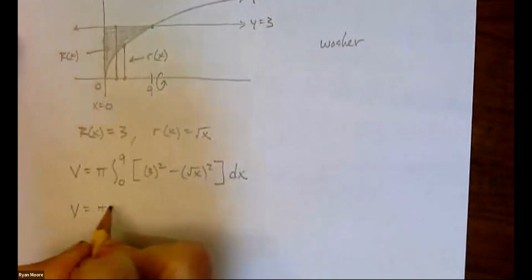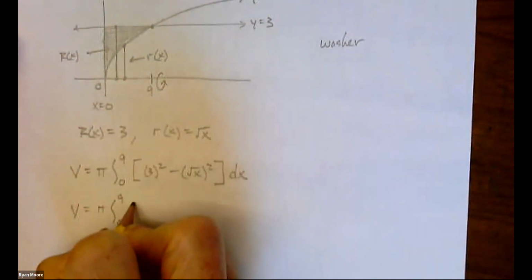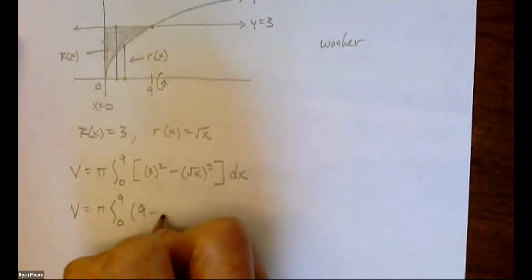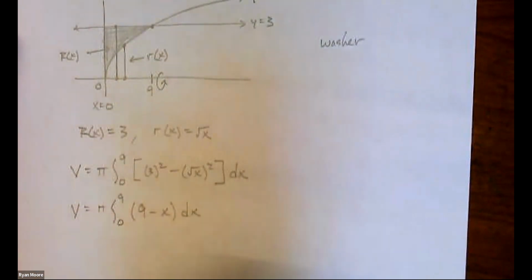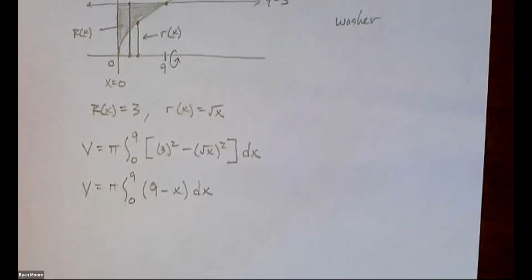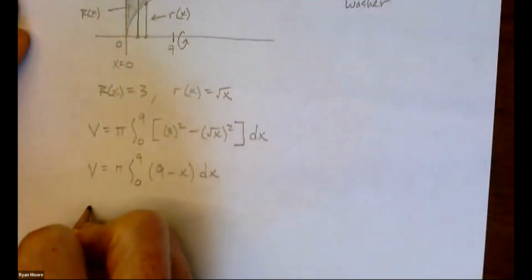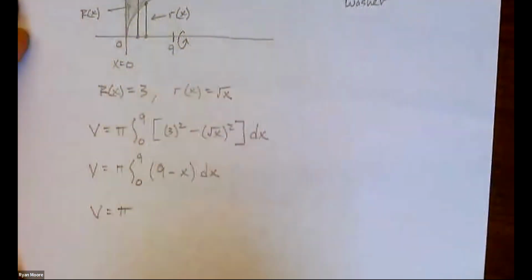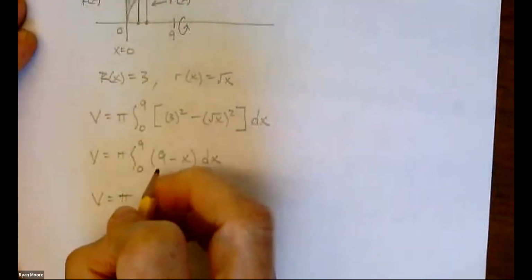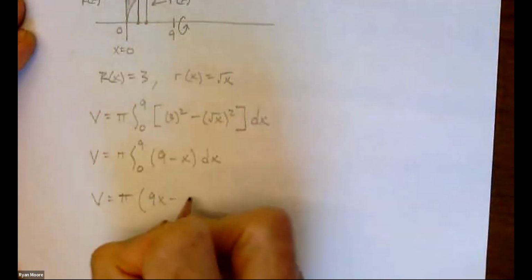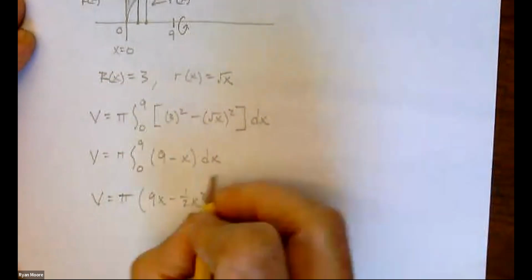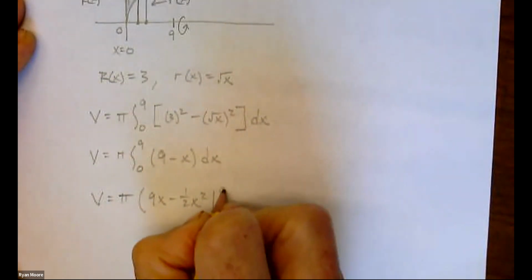It actually cleans up pretty well. 9 minus x, the square root squared. And from this point, we're kind of home free. That's going to be 9x minus 1/2 x squared from 0 to 9.